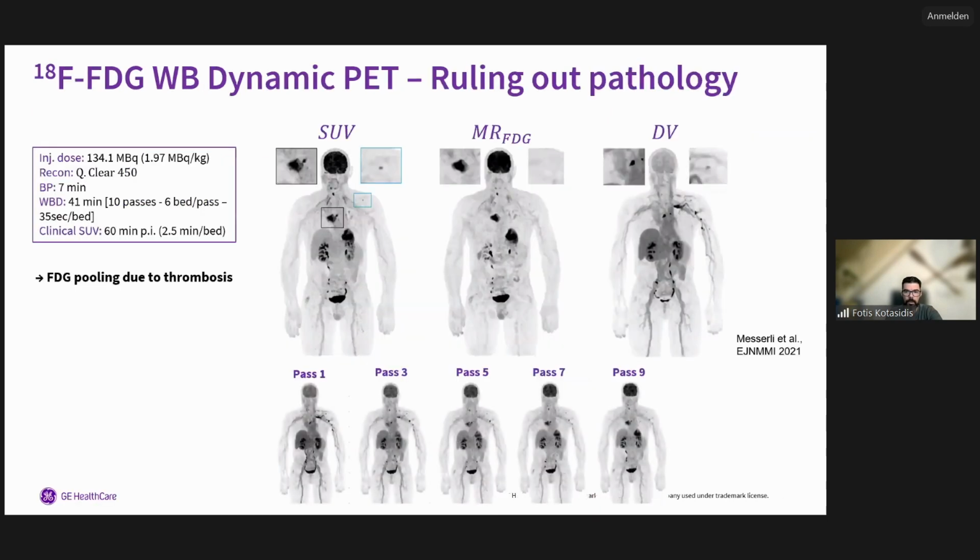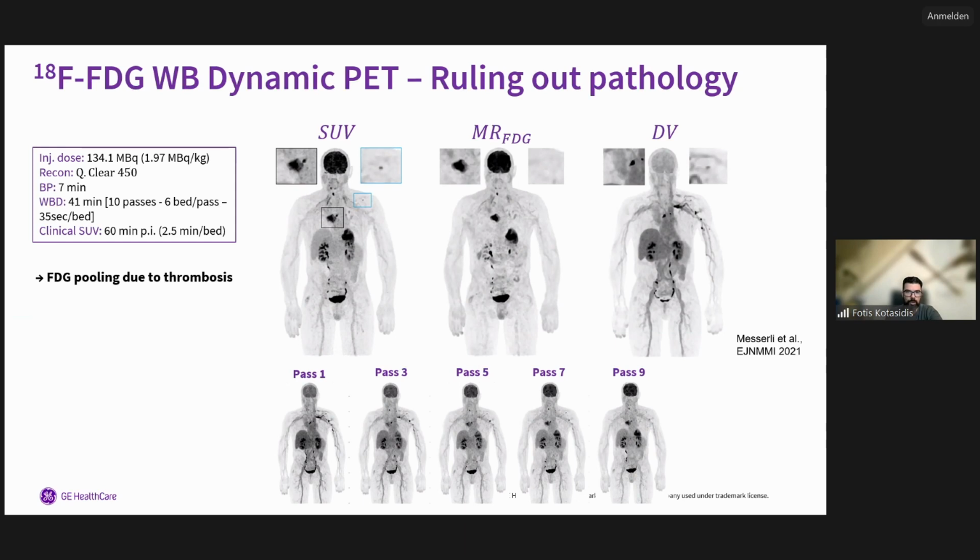Similar to the previous speaker, we are also working together with our collaborators at Zurich University Hospital. One of the things we saw early on with the parametric images is that we can actually spot potentially false positives.